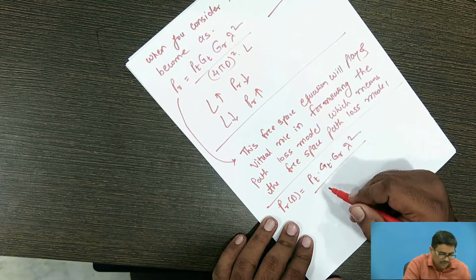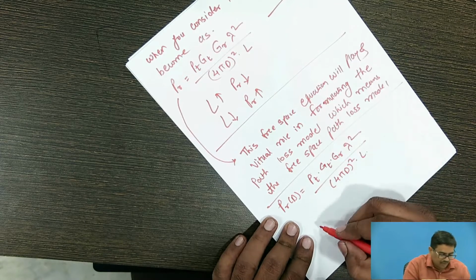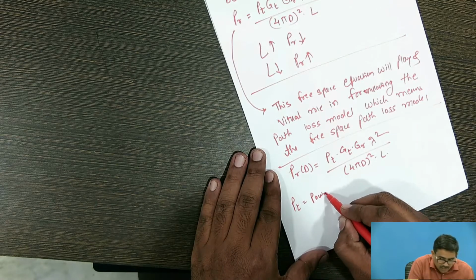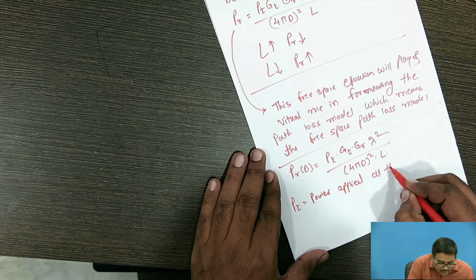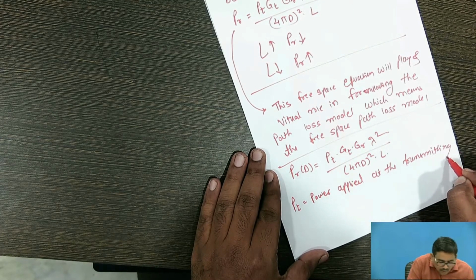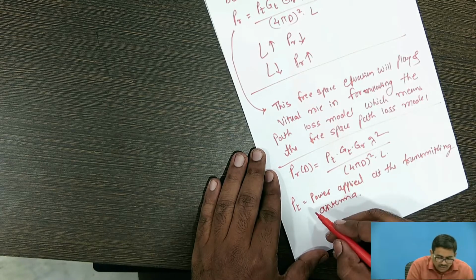into lambda square divided by 4 pi d bracket square into L. Now what is the PT term? It is the power applied at the transmitting antenna. And what about the GT?